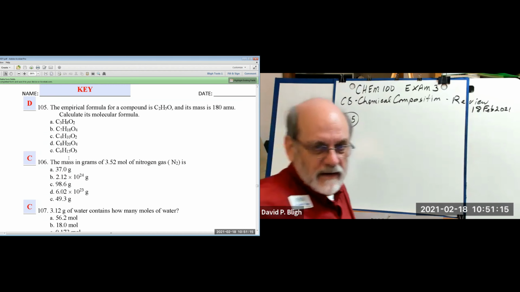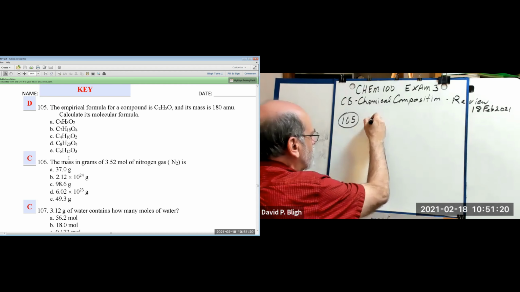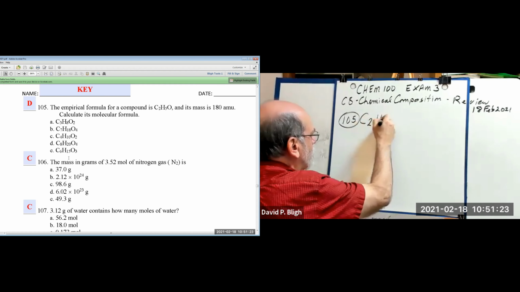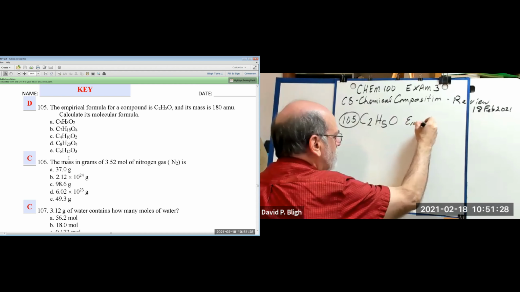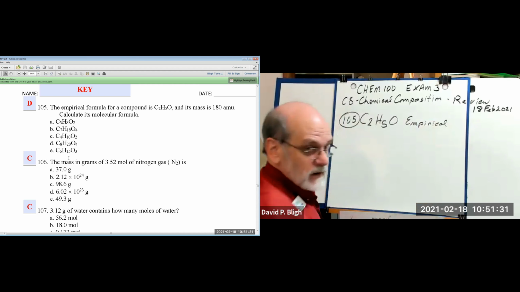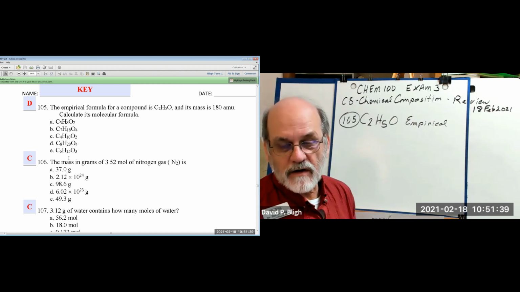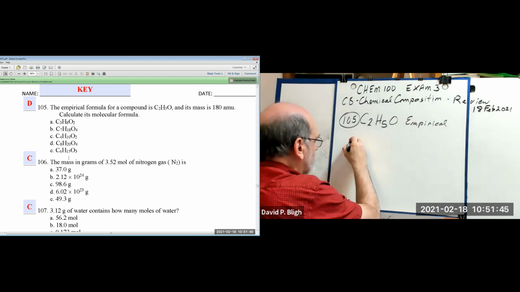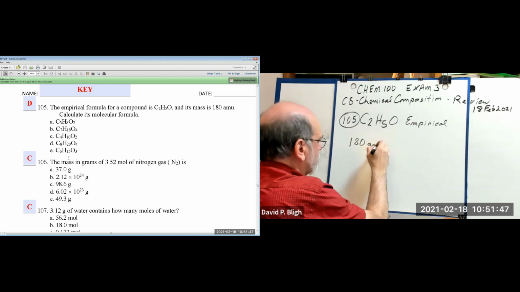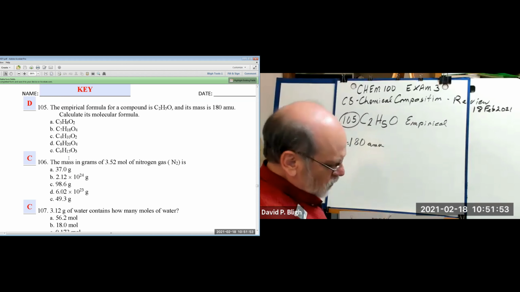Here we go. The empirical formula for a compound is C2H5O. So that's the empirical. And the mass, I assume they're saying the mass of the molecular formula is 180 AMU. That is the molecular weight.